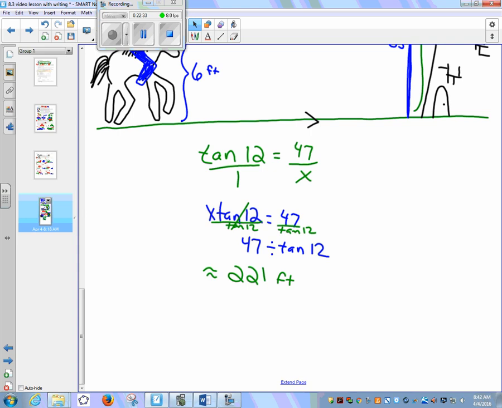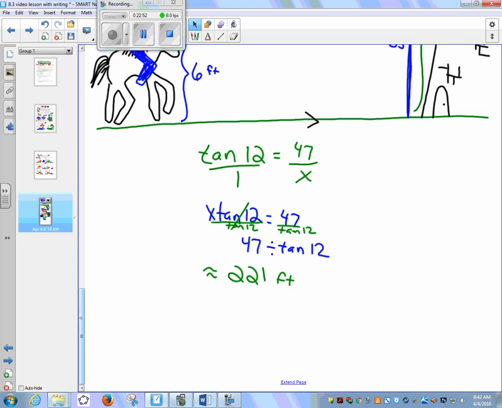So there's that little differential that sometimes you have to subtract out. Not always, like you saw in some of the problems, like the ladder problem. It's not off the ground, so there's not always that differential, but when it's a person looking at something, typically there is that situation.